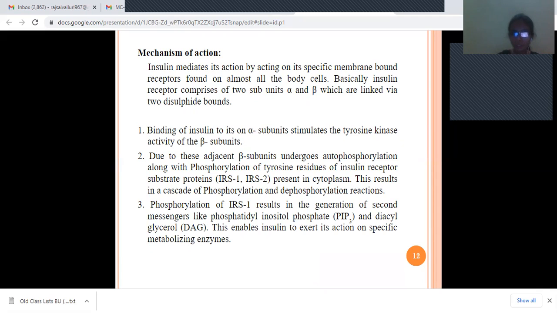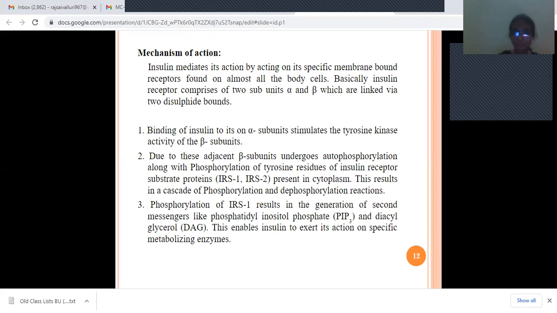Binding of insulin to its alpha subunit stimulates the tyrosine kinase activity of the beta subunits. The adjacent beta subunits undergo phosphorylation, along with phosphorylation of the tyrosine residues of the insulin receptor present in the cytoplasm.